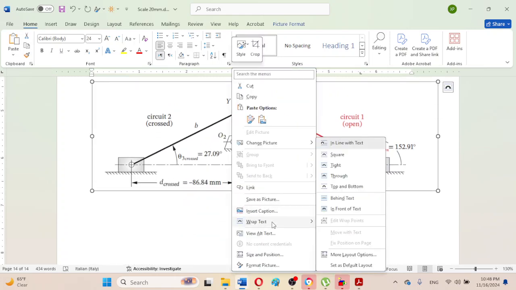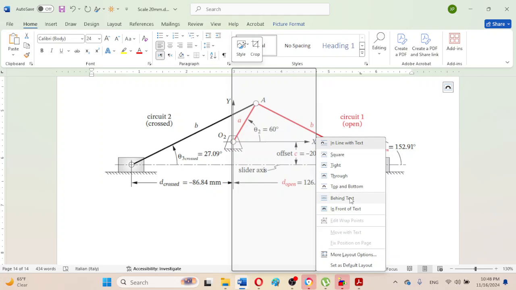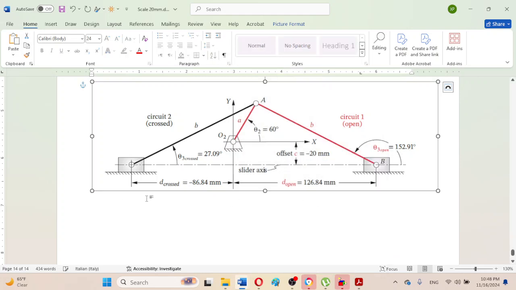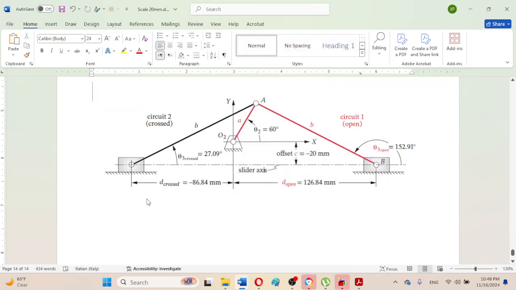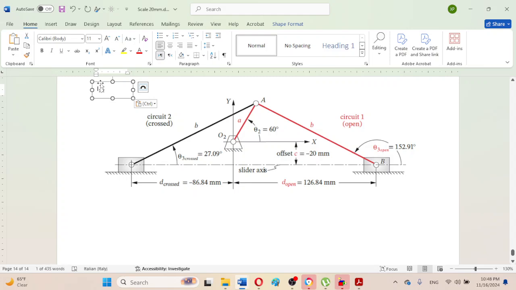Just right click on it and send it behind text, so that text can be easily pasted here.